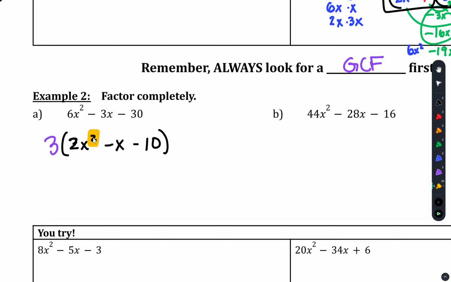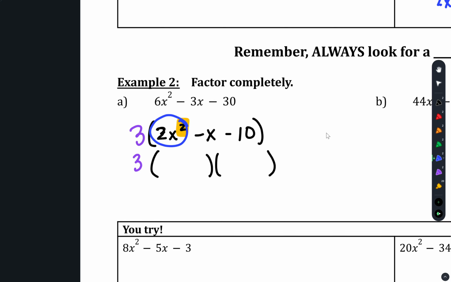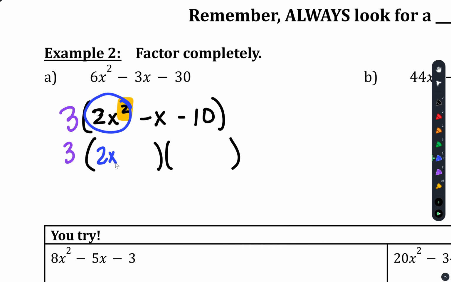But I do have a degree of 2. So we're going to drop our GCF down, and we're going to split it into 2 bubbles. I'm looking for factors of 2x squared, which lucky for me, there's only one option. It's 2x times x. And then for 10, I have a couple options. 1 and 10 or 2 and 5.